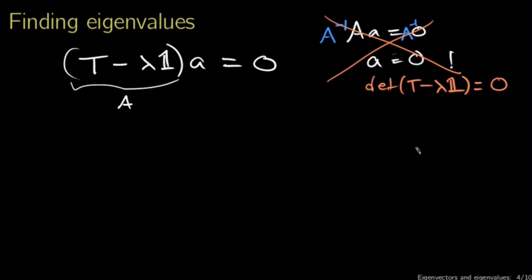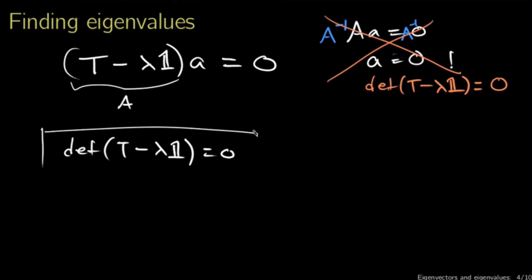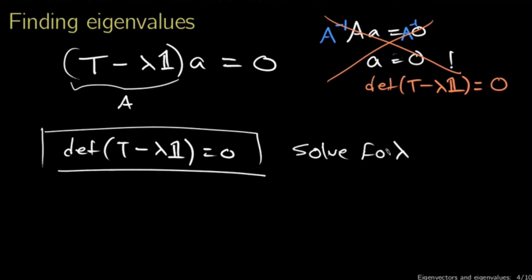So our actual equation to determine the existence and value of an eigenvalue is this equation. And that's what we're interested in. The determinant of the matrix T minus lambda times the identity equals 0. This is an equation that we can solve for lambda. And if we solve it for lambda, we'll find the eigenvalues.